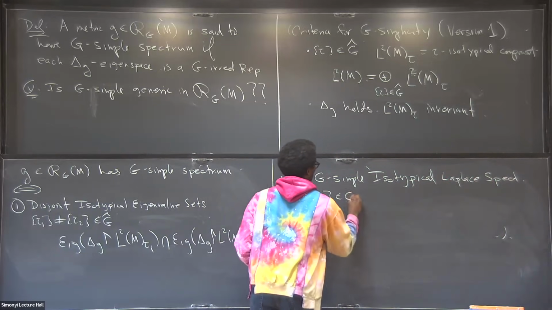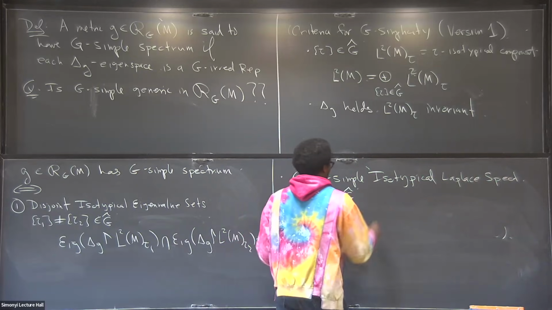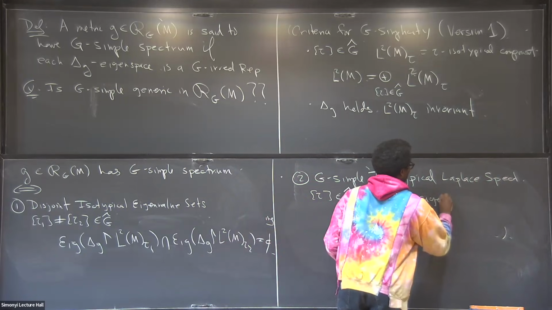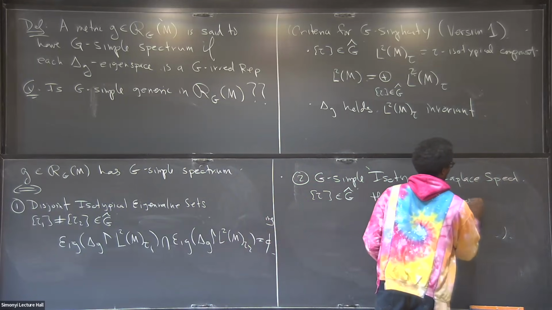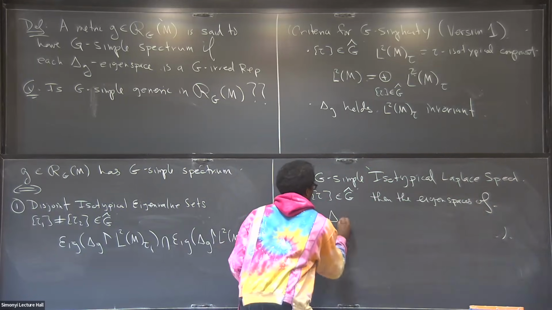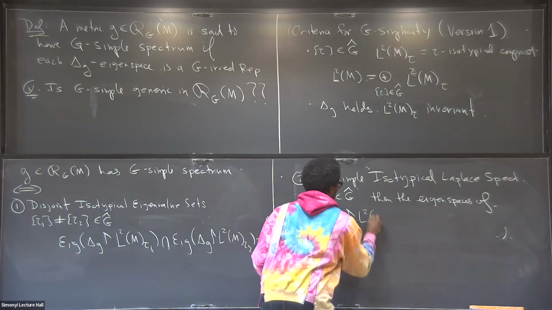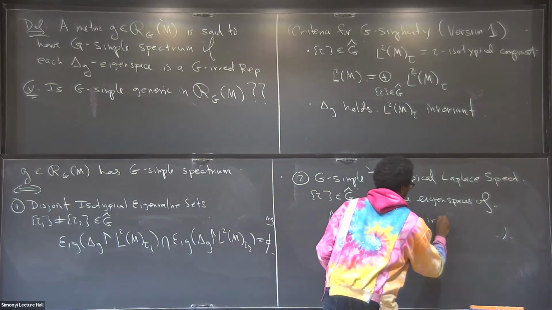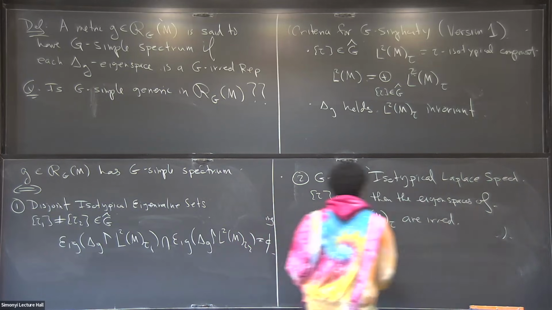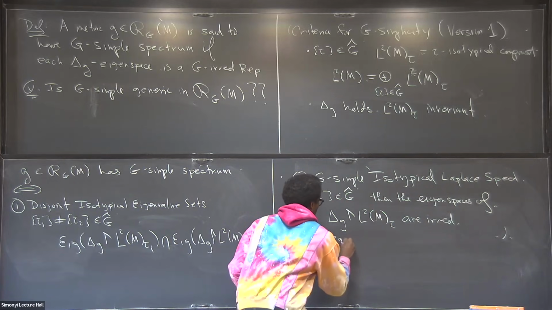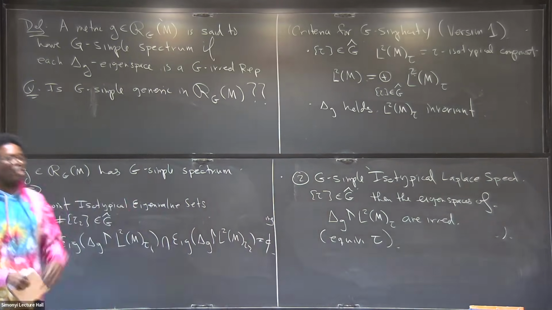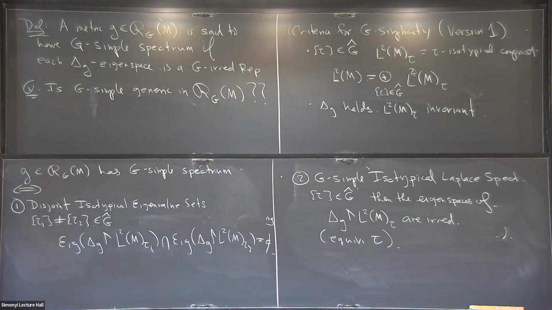If I take an irreducible representation, then the eigenspaces of the Laplacian restricted to that isotypical component are irreducible and necessarily equivalent to this representation tau, because those are the only finite dimensional representations inside that space.